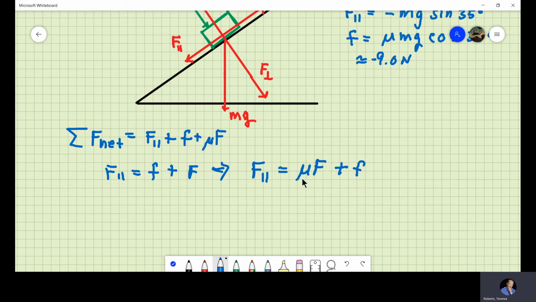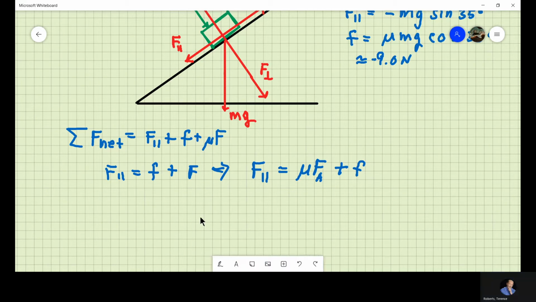We need to apply the mu on this perpendicular force, which we'll call the applied force, because we do have friction on the surface, and we also have the frictional surface. So in order for this box to stay stable and not move, this equation is true. The parallel force going downward must be equal to the frictional force plus the applied force.